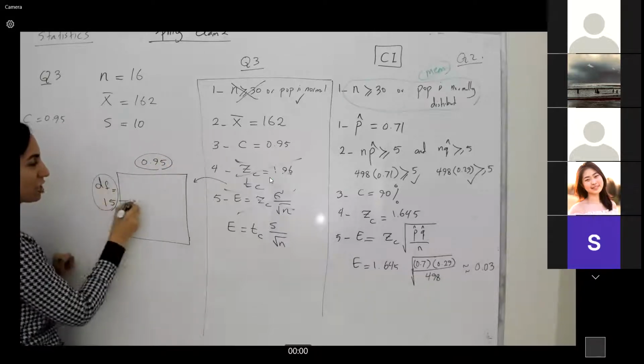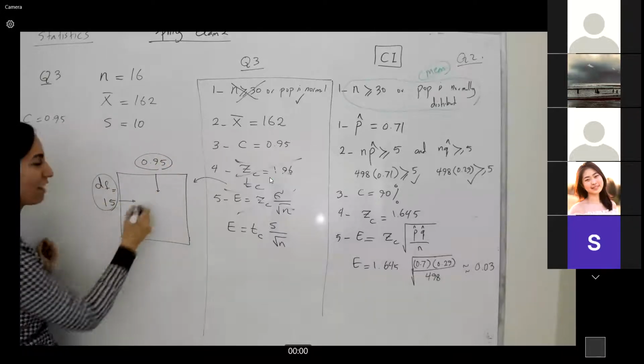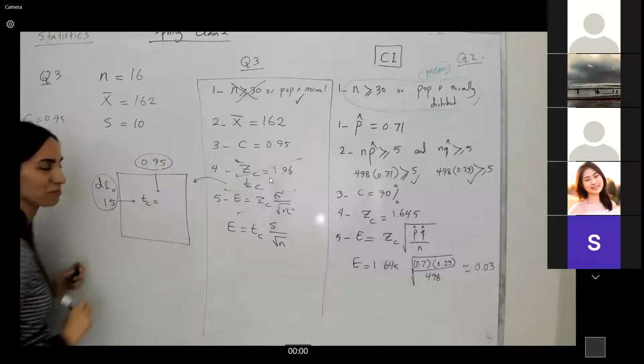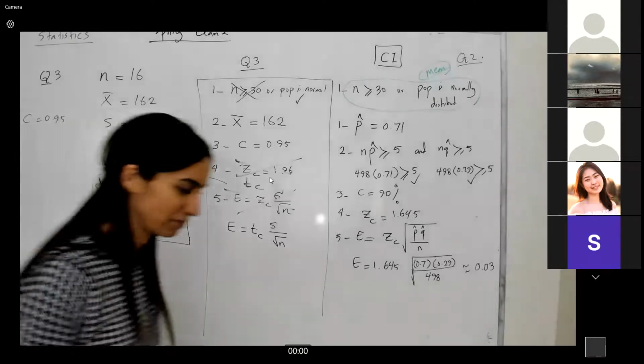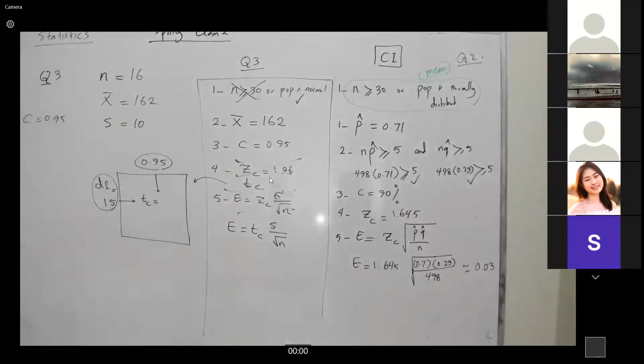The intersection is your critical value, TC. What is your TC? But we can use a calculator, right? No, you can use your T table. 2.131.